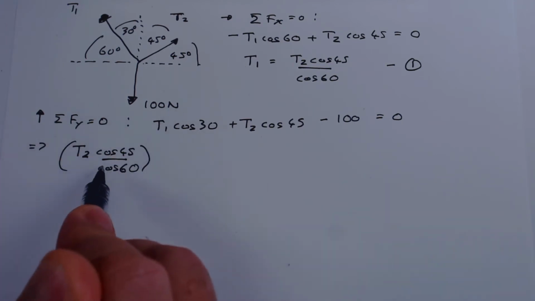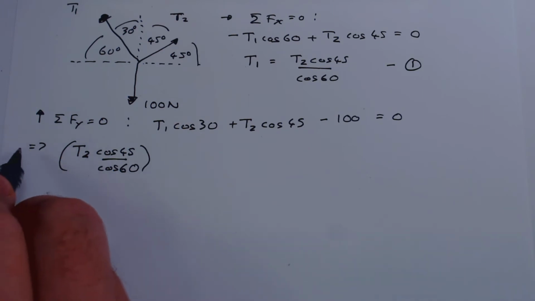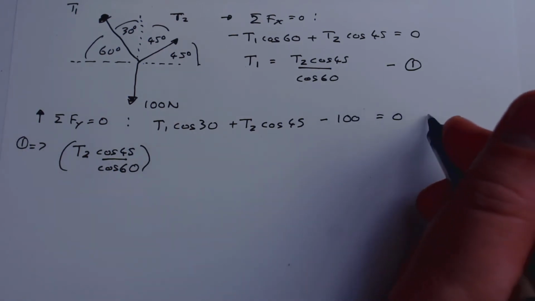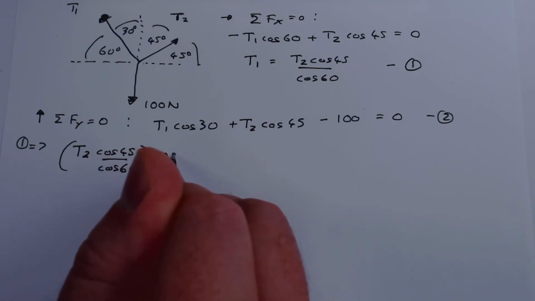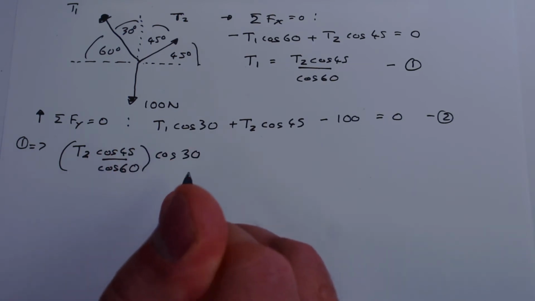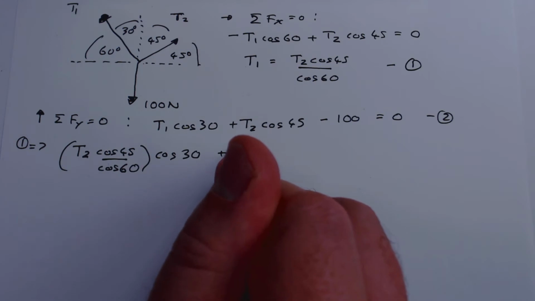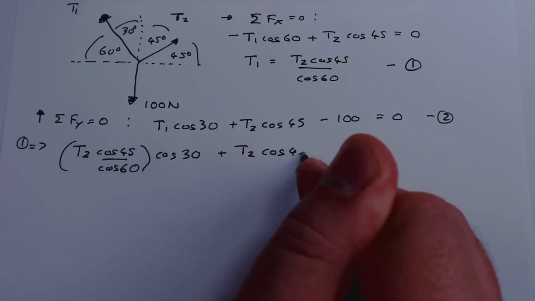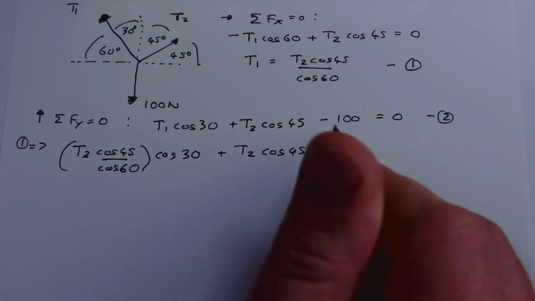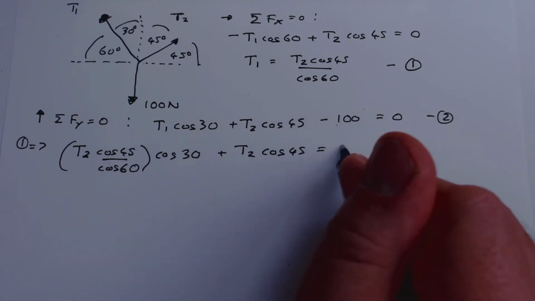Okay, so that's me replacing that with that. That's my equation 2. I need to multiply that all by cos 30. Then I've got plus T2 cos 45 equals, bring the 100 over to the right hand side, 100.